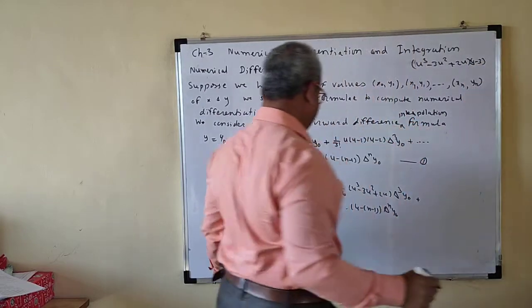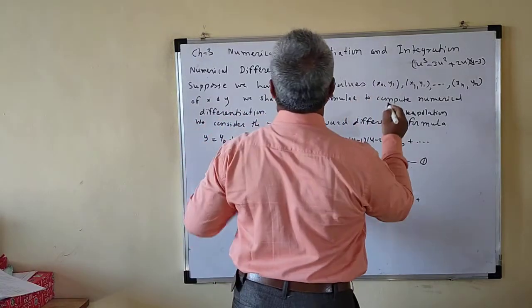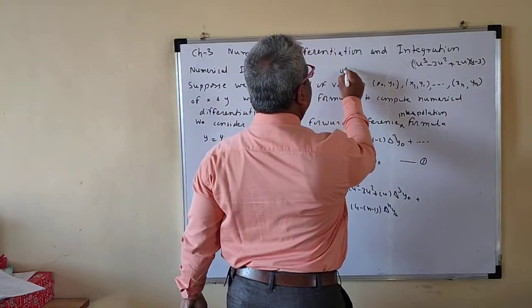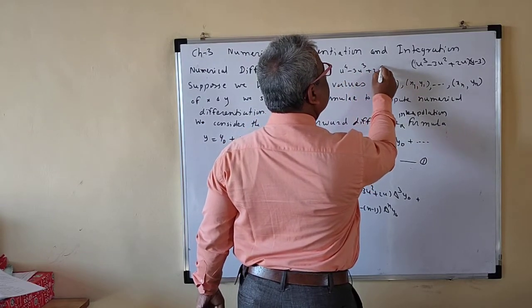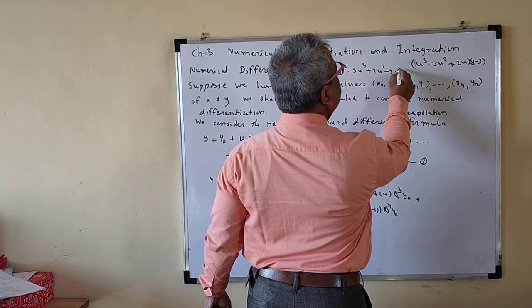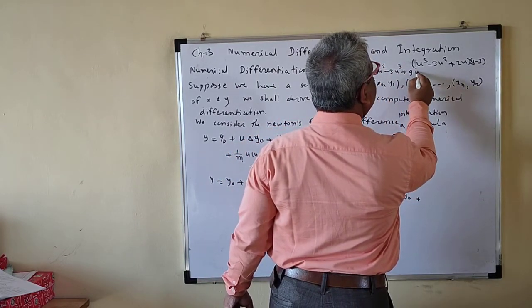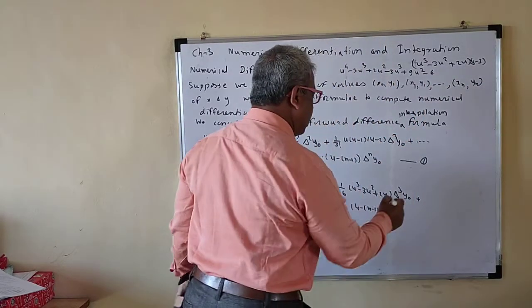What do we get? We will simplify this, first multiplying this one. U raised to 4 minus 3u cube plus twice u square minus 3u cube minus 3u cube plus 9u square minus 6. Okay, so simplify this.